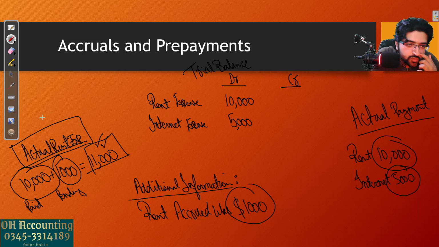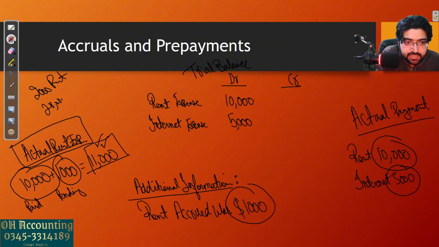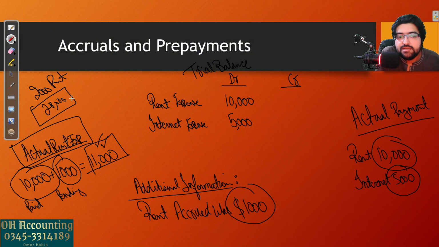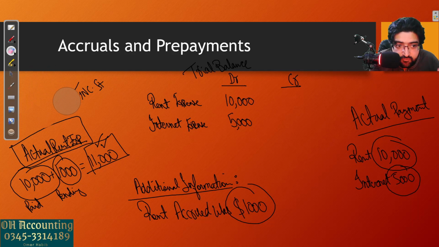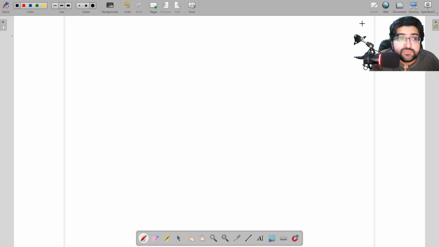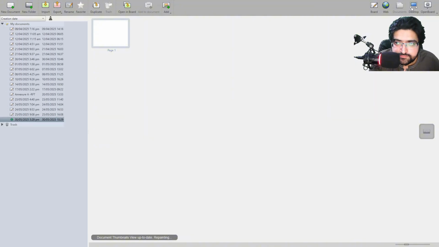Even if I paid just 2,000 for rent and my actual rent expense of the year was 20,000, I will record 20,000 in the income statement. Not 2,000. This is the amount I have paid, but this is the actual rent expense. So I have to show the actual expenses. I cannot show only the amount I'm paying for. Remember that. Okay.